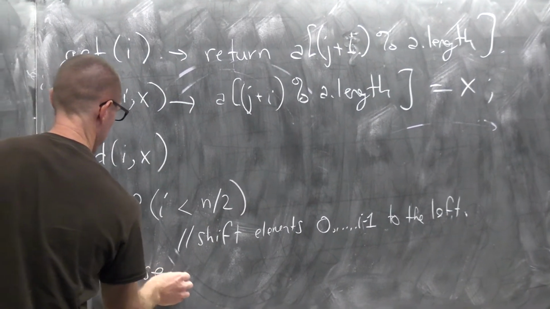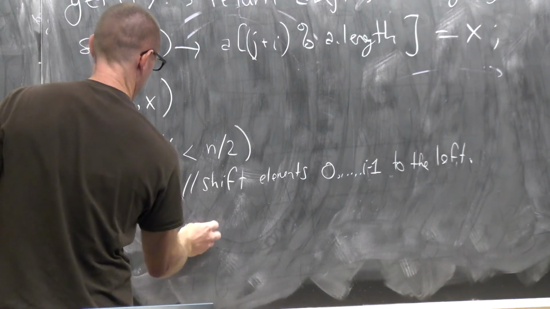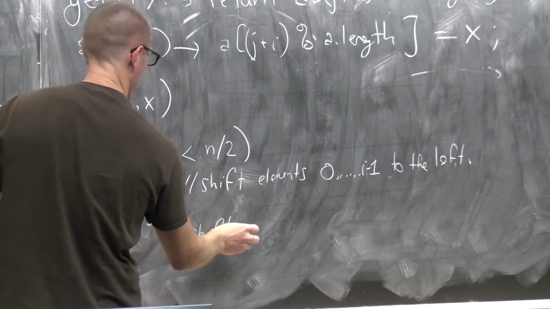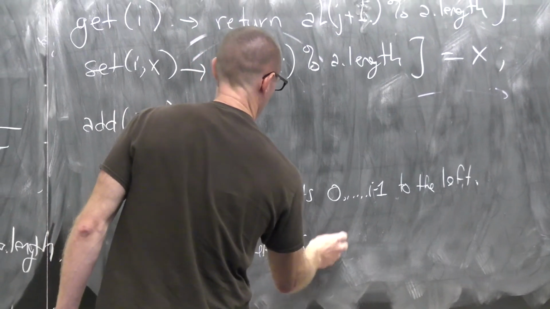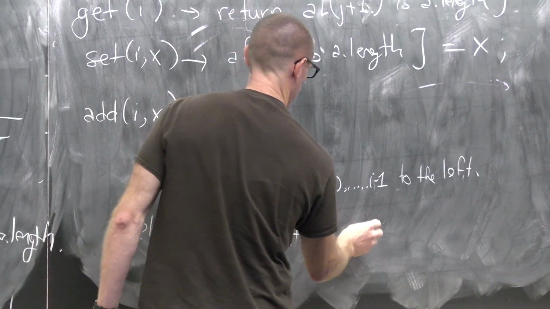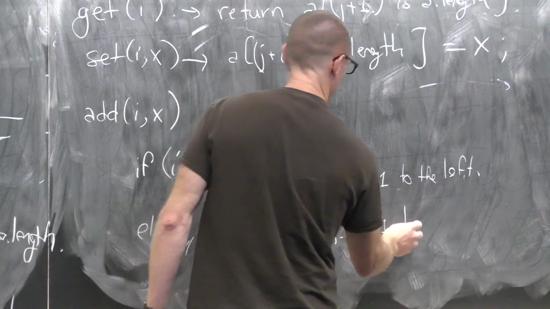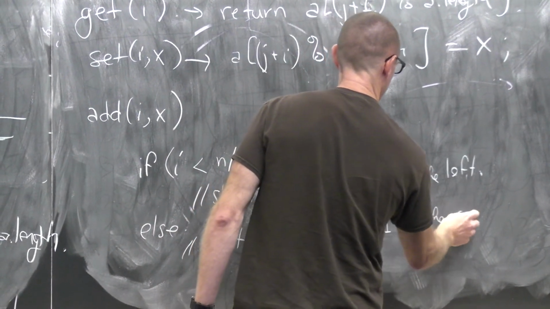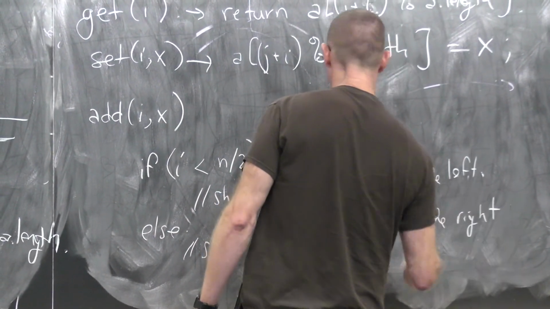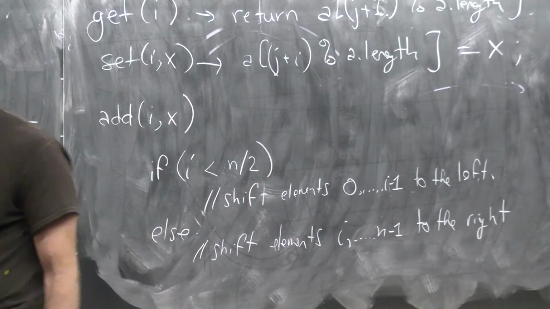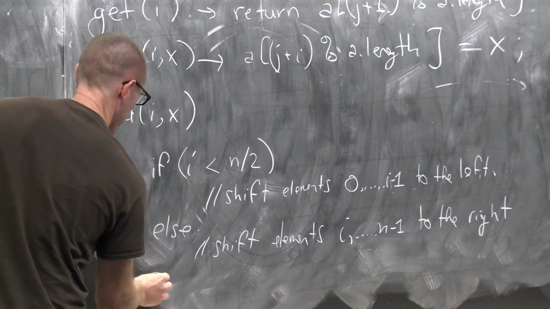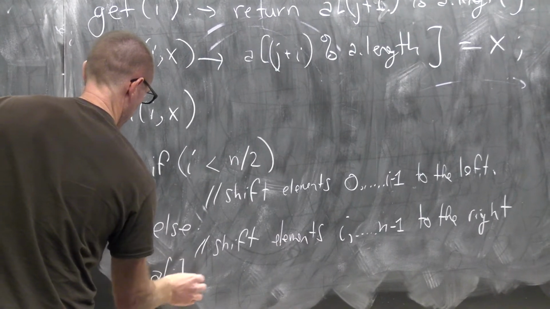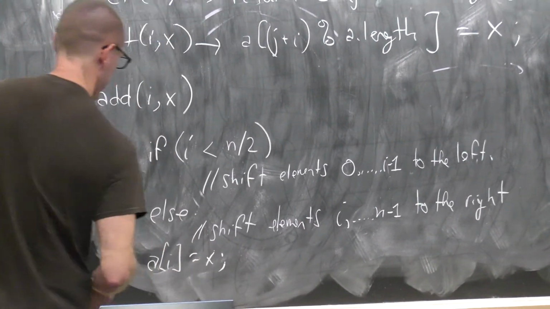Otherwise, shift elements I up to n minus 1 to the right. And now that I've done that, I've made space for this new thing, so I can say A at I equals x.